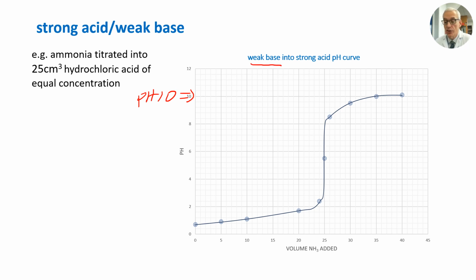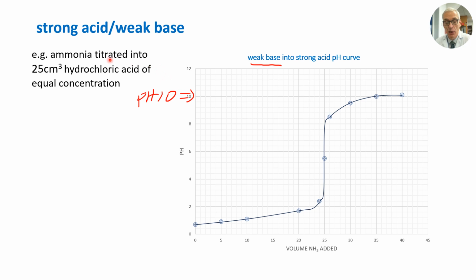So we saw with the strong base that the pH was up around 13. But with an excess of weak base, we have a pH of around 9 or 10. So this is typical of a pH curve for a weak base into a strong acid.